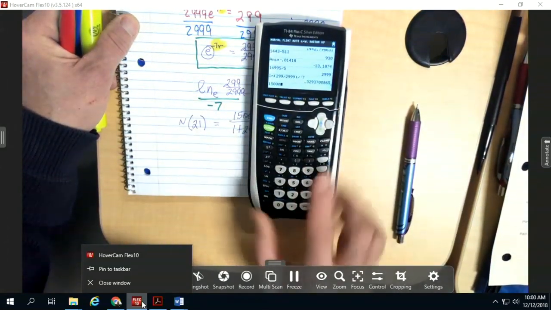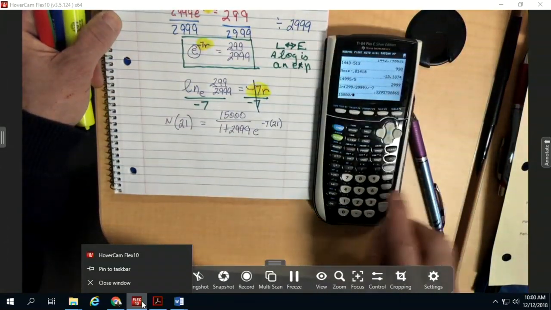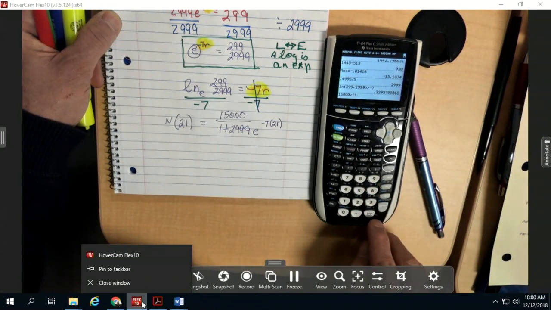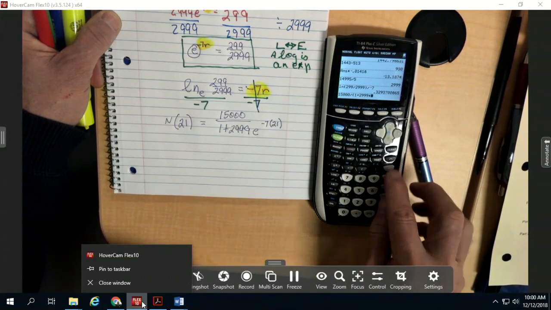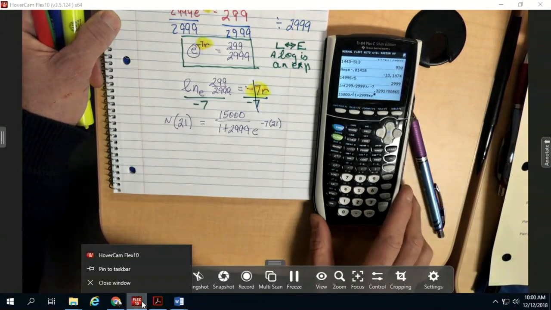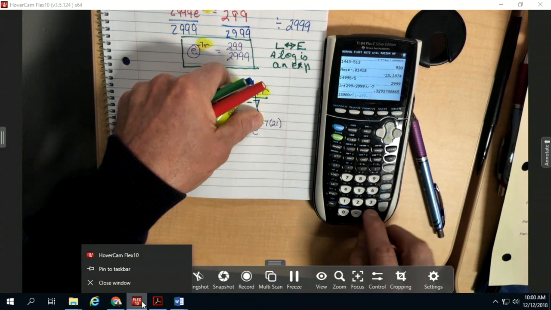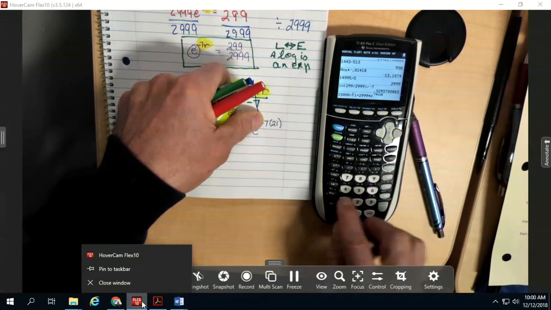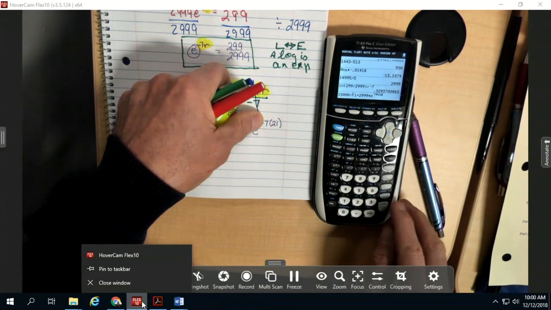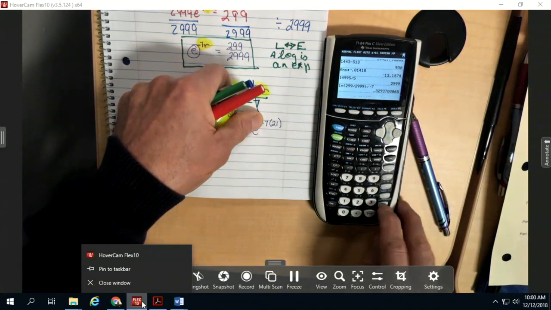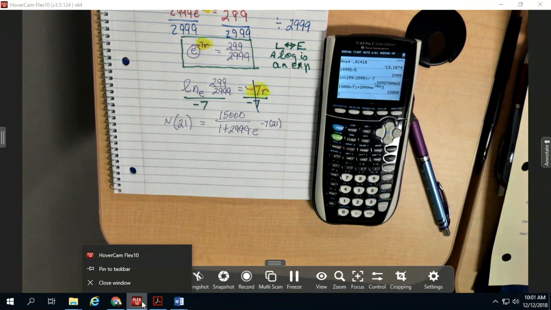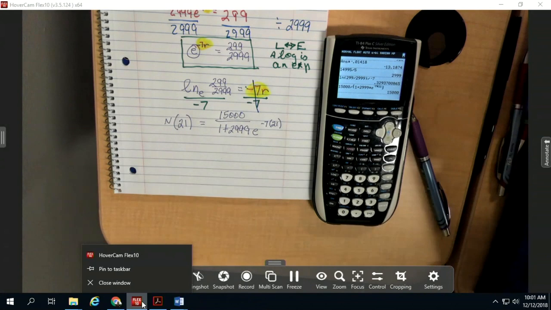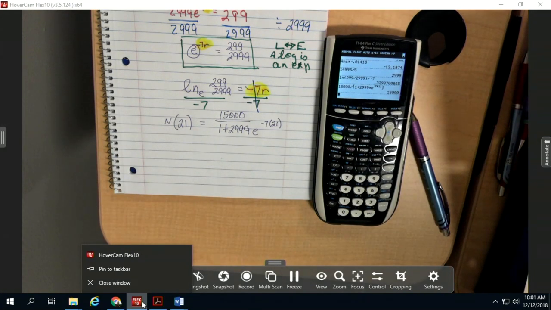So 15,000 divided by parentheses 1 plus 2999 times e to the negative 7 times 21. So everybody will have the disease in 3 weeks, unless I made a mistake there.